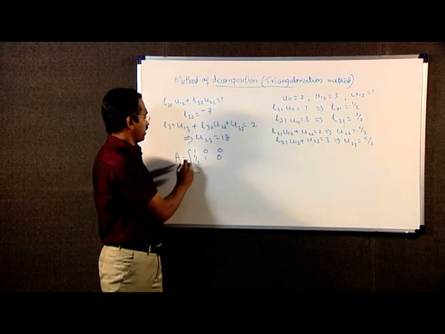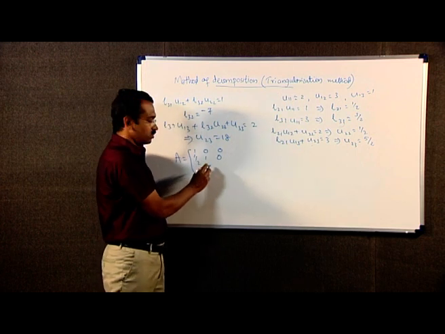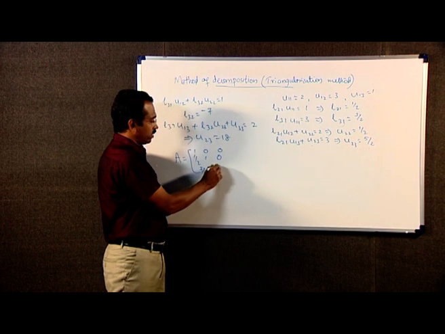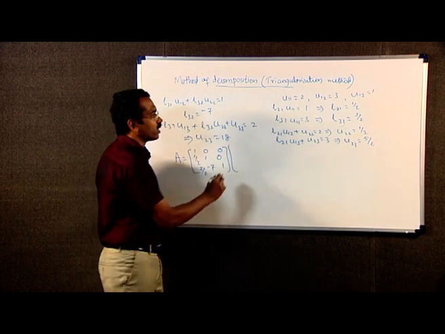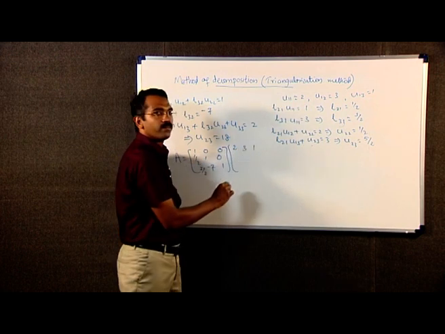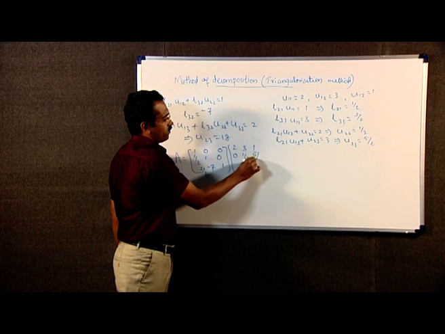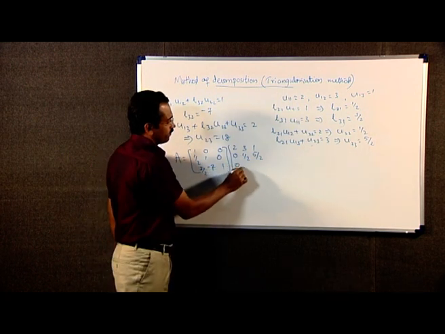We get A is equal to the matrix 1 0 0, 1 by 2 1 0, 3 by 2 minus 7 1, into 2 3 1, 0 1 by 2 5 by 2, and 0 0 18.